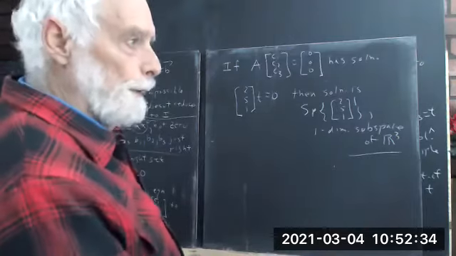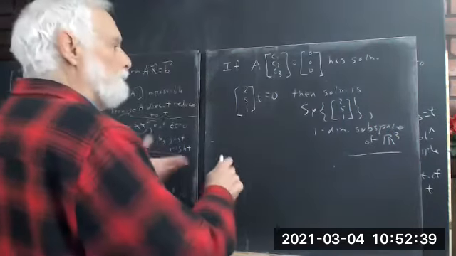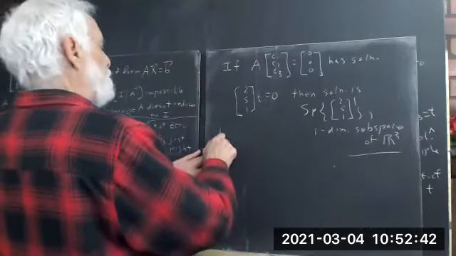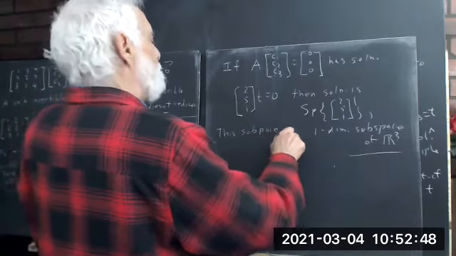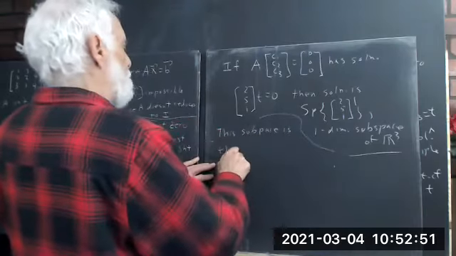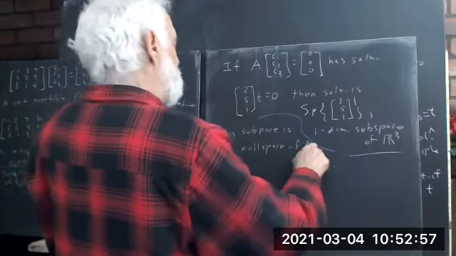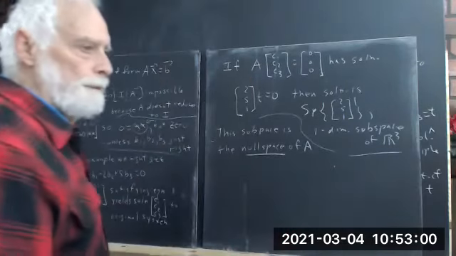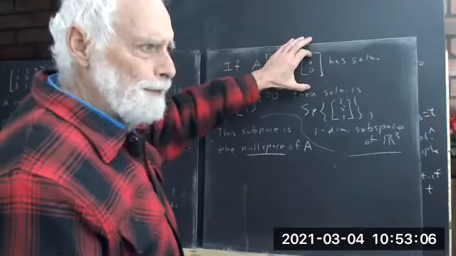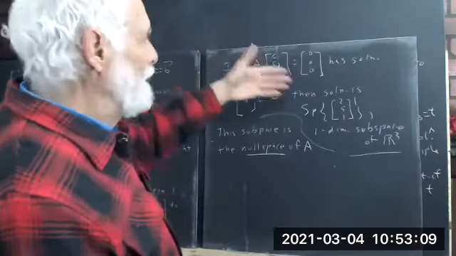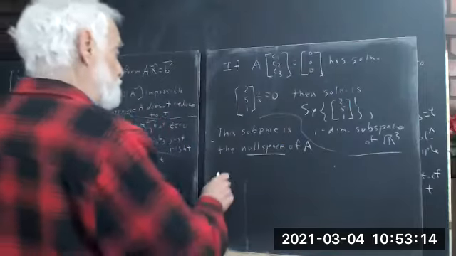I'm going to make a big point here. Note, this subspace is the null space of the matrix A. Null space because it's a set of vectors that get nulled, that when multiplied by A, give you the zero vector, the set of vectors that collapse to zero.